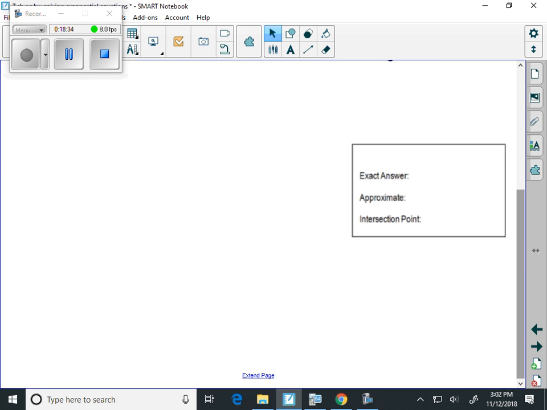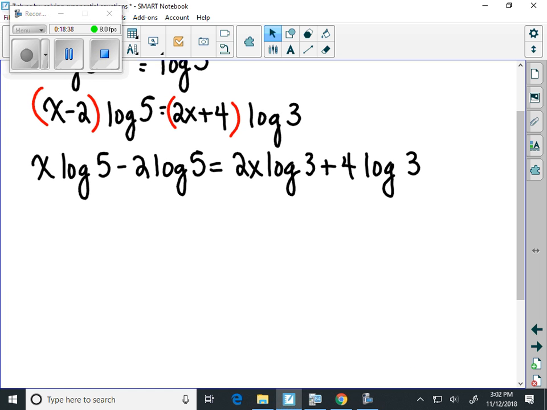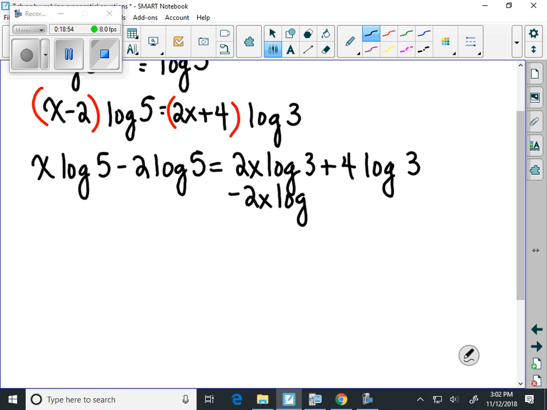What we need to do now is we need to put the x terms on one side, we need to put the logarithmic terms on the other side, and it doesn't really matter which way you go. I'm going to take a couple steps just because you are watching the video and trying to figure out exactly what's happening. So I'm going to subtract the 2x log 3 from both sides.